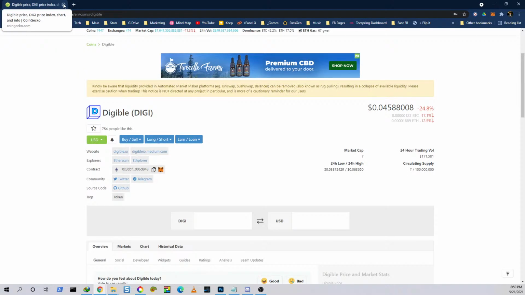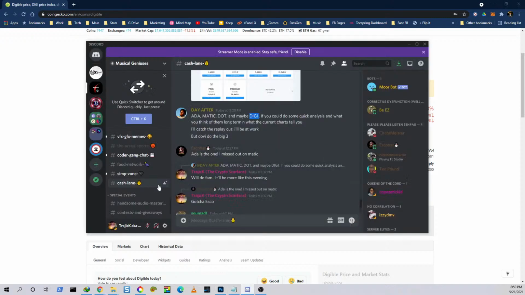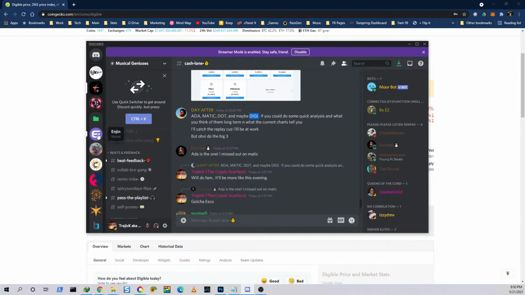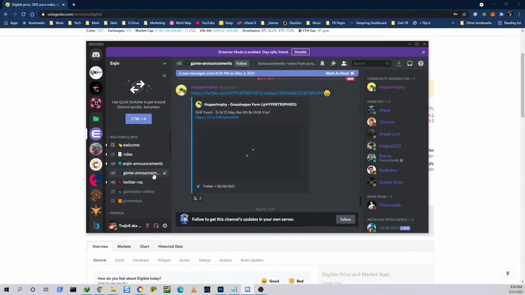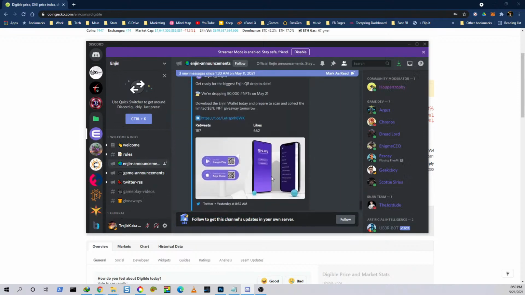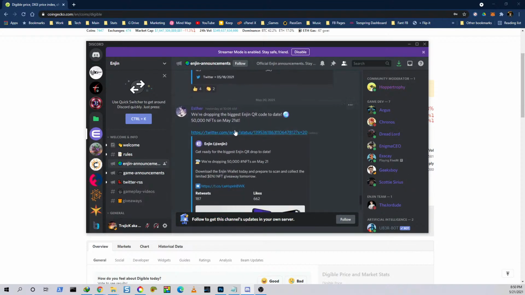I would be looking more at the other NFT companies, the big plays. Like, one example, you want to talk about NFT? Check this out. Engine, right? I got an announcement this morning. We're dropping the biggest engine QR code to date, 50,000 NFTs May 21st.